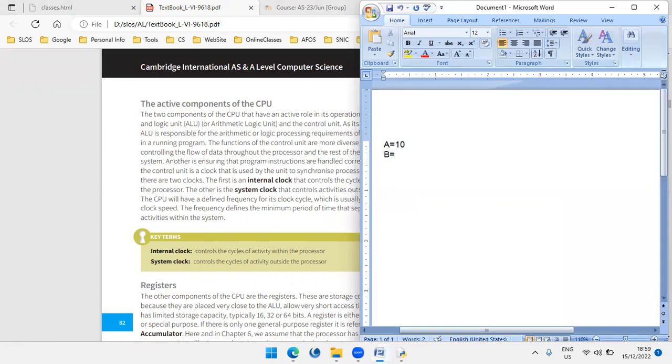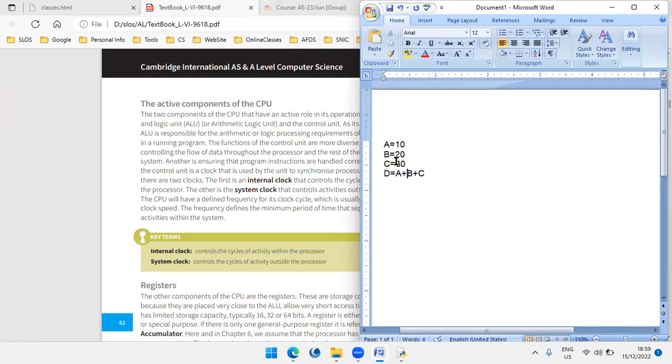B equals 20, and you say C equals 30. And you have an instruction called D equals A plus B plus C.